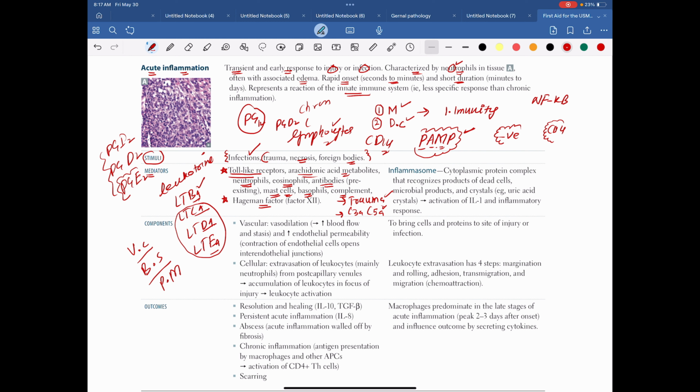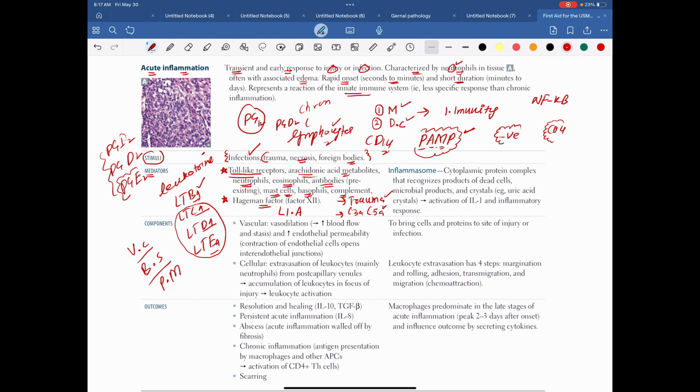Then after that, you have to remember it is only activated when there is subendothelial or tissue collagen exposure, because I already mentioned Hageman factor, or factor 12, is an inactive pro-inflammatory protein. And how is it going to be activated?